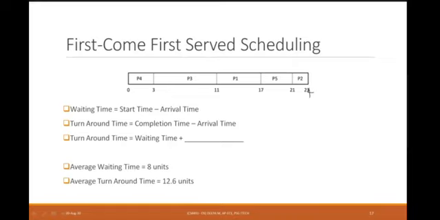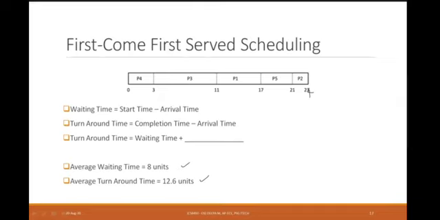Yes, 12.6 is correct. The other problem, I'm not sure. Yes, other problem, second one, 26 or 27? 27? Yes, 27. Good. So now we'll see a few points about first come, first serve and we'll wind up.